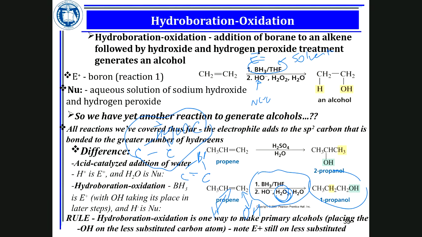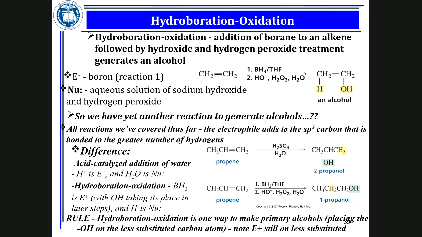The numbers 1 and 2, what do they indicate? If you are separating two reactants by a comma, like here you have hydroxide, comma, H2O2, comma, H2O, when you are separating reactants or reagents by comma, that means the reagents are added at the same time. Or if you are separating two chemicals in the reactant with a slash, that means they are being added at the same time.